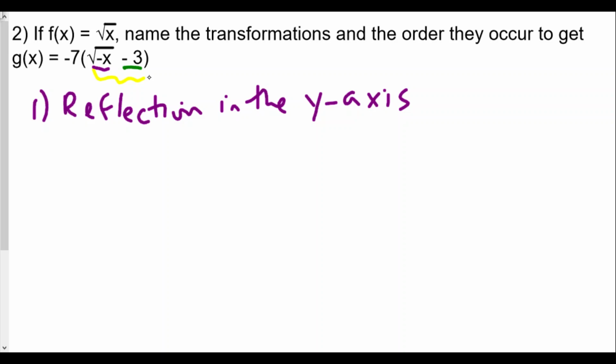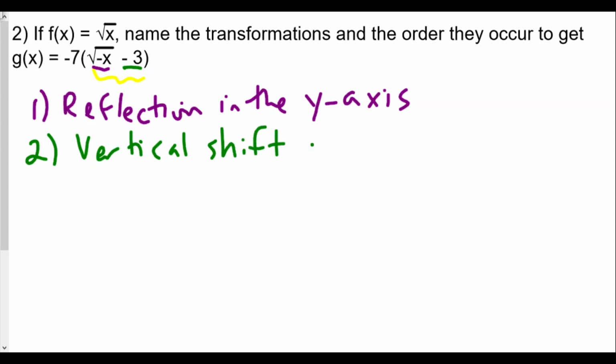This one is not, though, because the -3 is not inside the square root radical symbol, and so this is going to be a vertical shift down by 3 units. Okay, so that'll be the next thing that occurs.